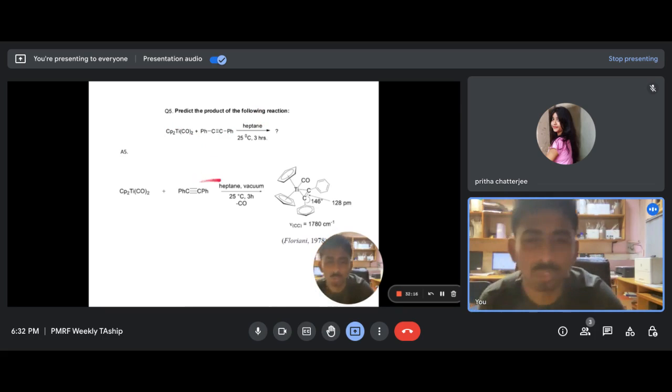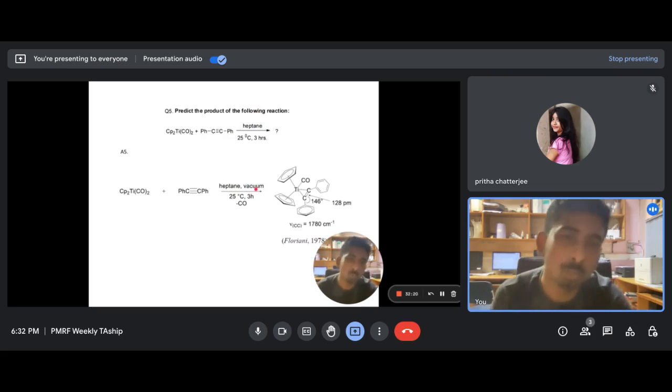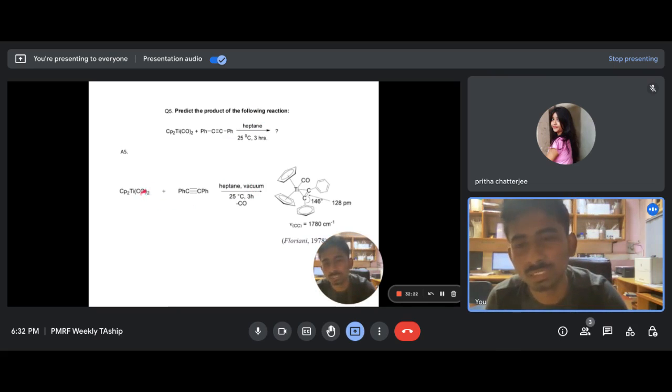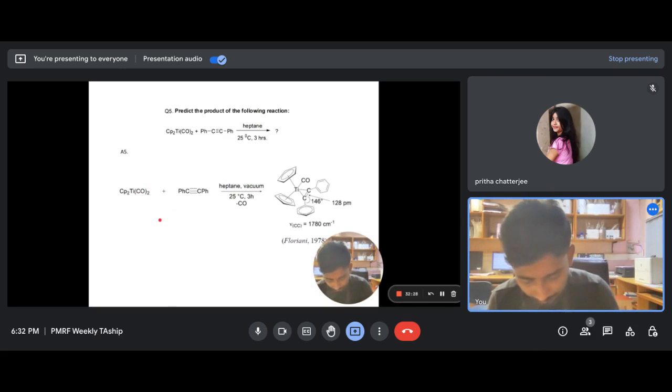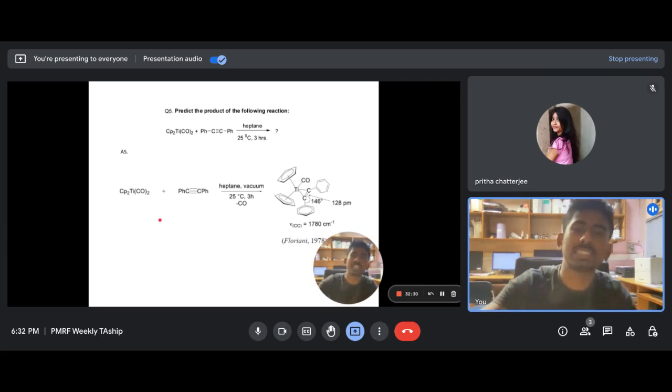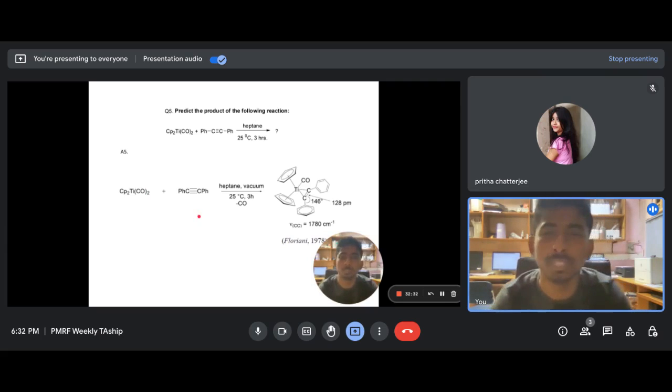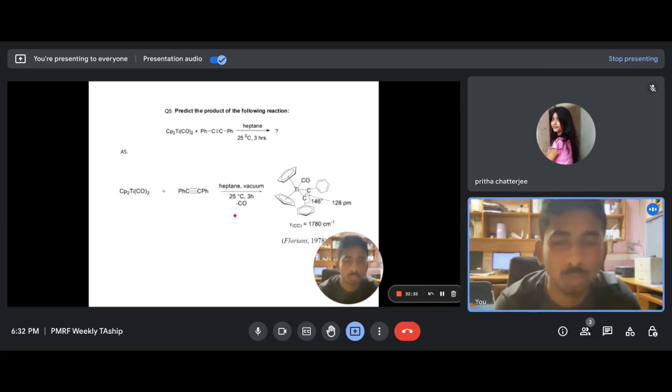What is the product? This is a heptane solvent, and the reaction occurs in vacuum because in this case there are COs, and COs will be liberated only in presence of vacuum. That's why the reaction is taking place in vacuum.